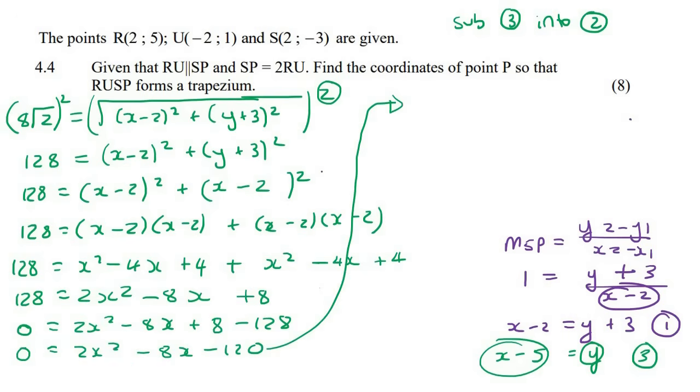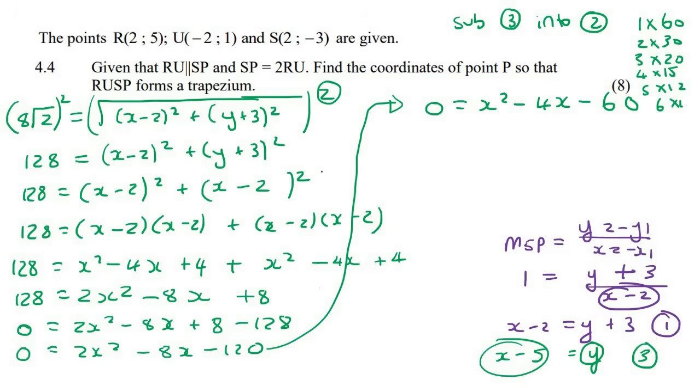And so then we can divide everything by 2, and we end up with x squared take away 4x take away 60. Now we need to factorize. The number 60 can be written as 1 times 60, 2 times 30, 3 times 20, 4 times 15, 5 times 12, 6 times 10. Now you need to find the correct combination that would give you negative 4, and that would be this one over here, 6 and 10.